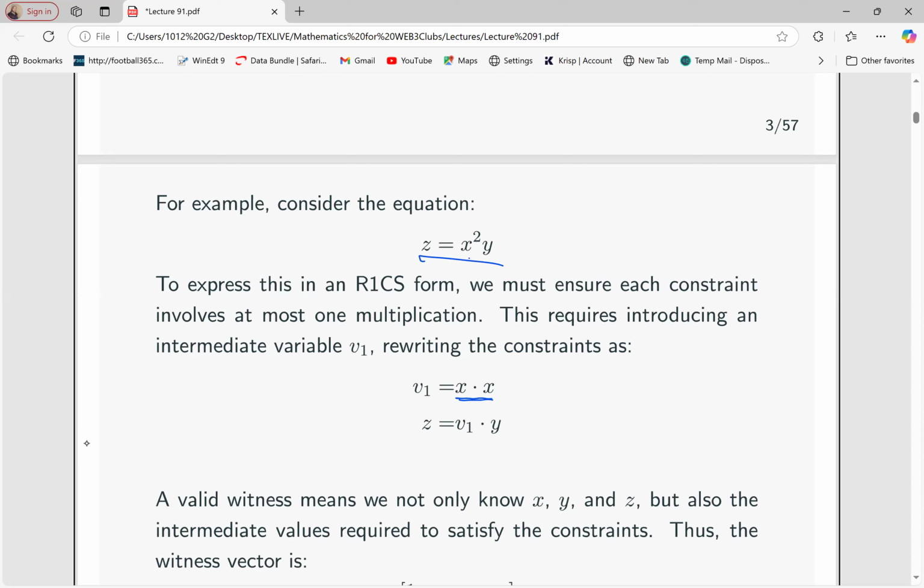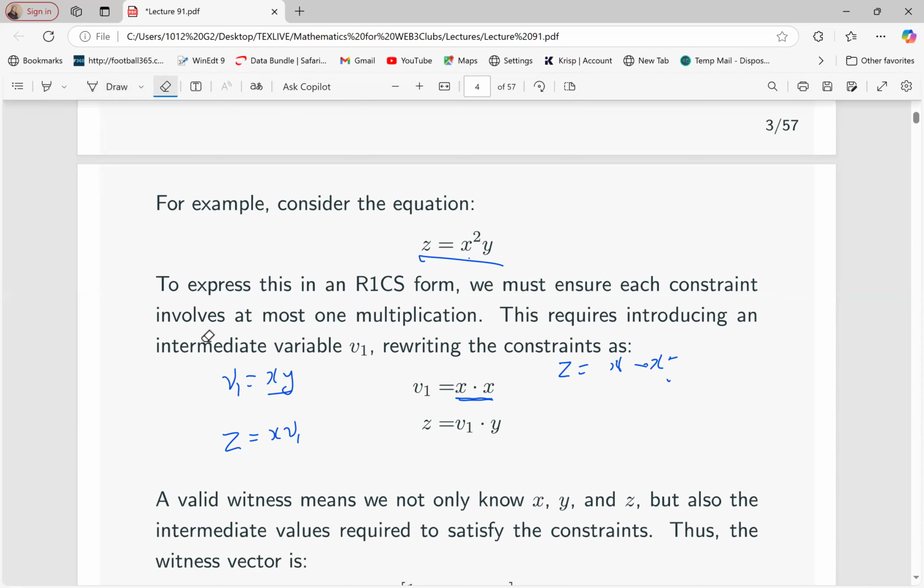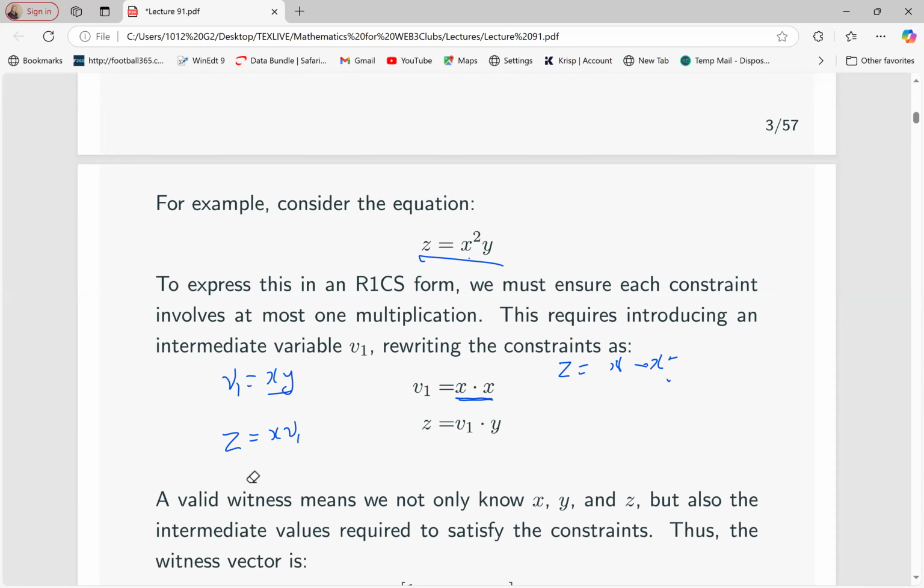You can say that Z is the same as x times x times y, and so you can even say that V1 is xy, and then say that Z, therefore, is x times V1. If you want, you can do that. But we have to look for the easiest way of doing it. This is another way you would have done it if you wanted.